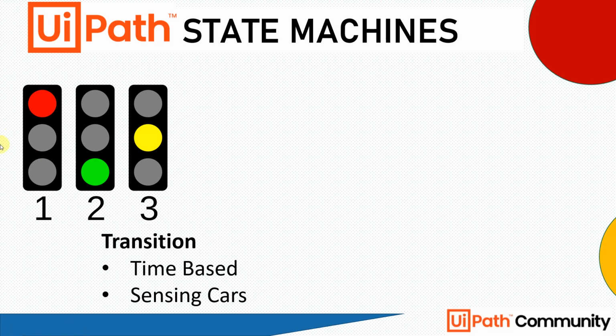You will either be on the red or you would be on the green. Sometimes you might be on the green and yellow, which says that you look and then go, and sometimes it might be red, other times green, and other times yellow. So these are the three states of a traffic signal, and the transitions are time or sensing based.